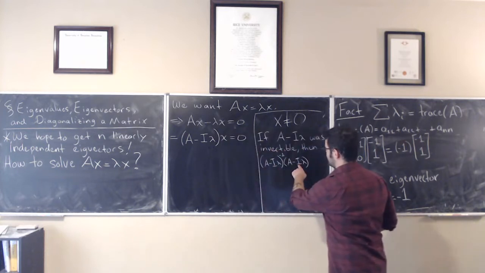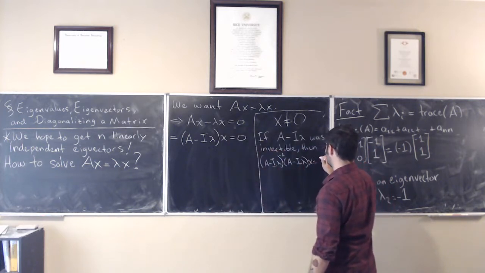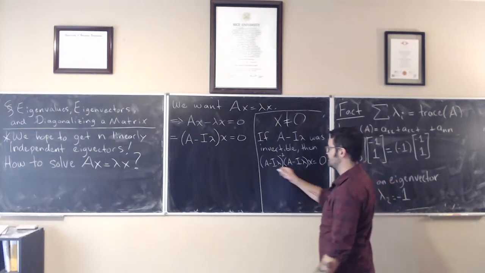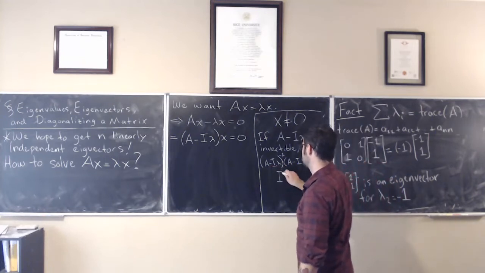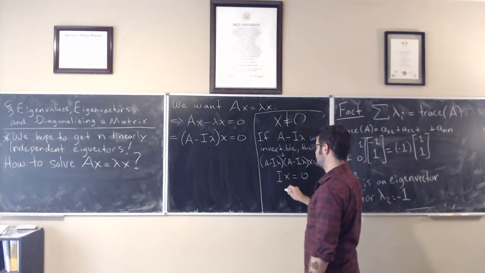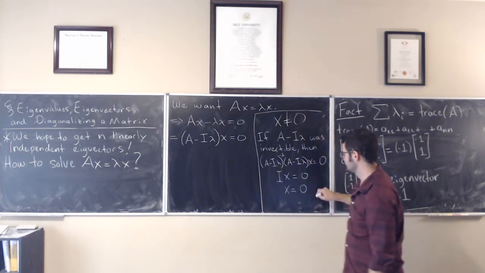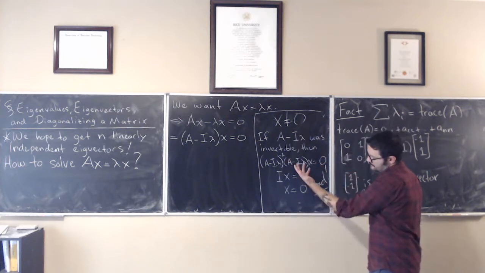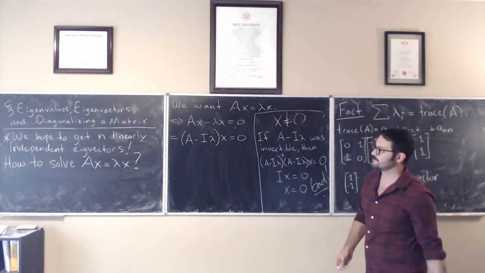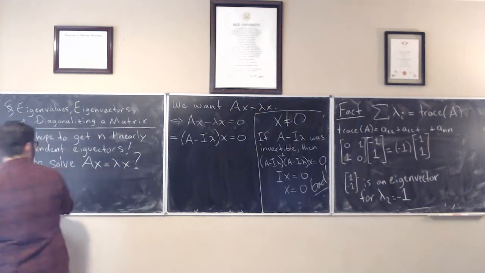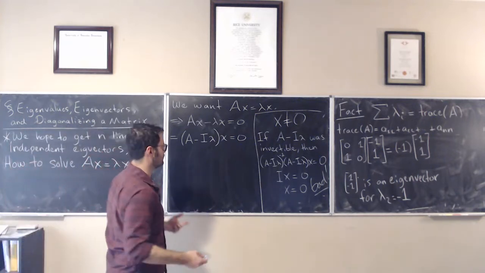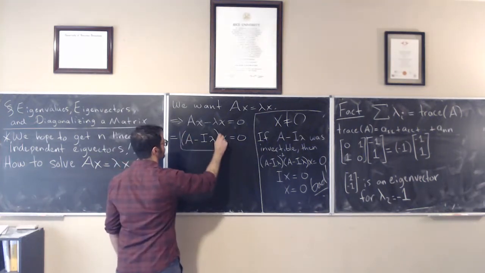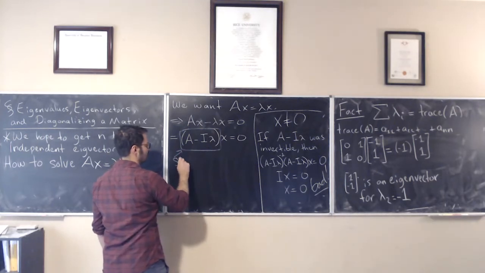Lambda is a scalar times the identity matrix. The inverse times 0 is just 0, but this inverse times that is just the identity, and identity times x is just x. So if that matrix was invertible, then the solution that we get is x equals 0. That means we don't want it to be invertible. This matrix must be what we learned is called singular.